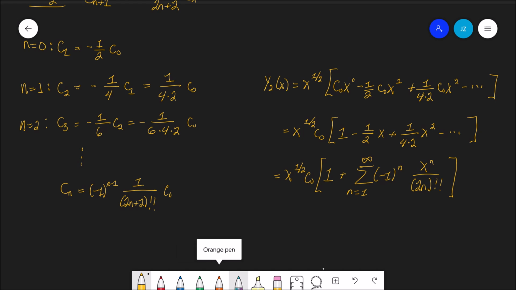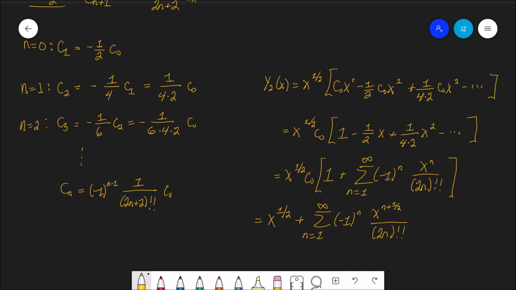But again, c naught can be any variable, so we set it equal to 1, and we take our y2 to be x to the half plus the summation n equals 1 to infinity of negative 1 to the n, x to the n plus a half all over 2n double factorial.